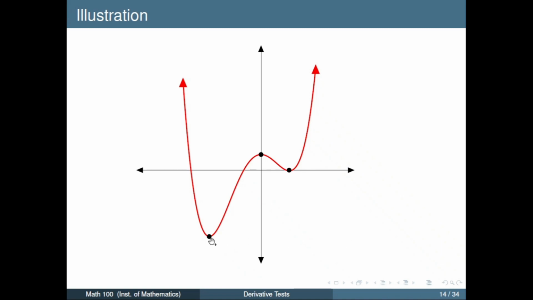Let's start with the first one. So using the definition earlier, we can say that f has a relative minimum at this point because this is the lowest value on this part. Okay? On this part naman, ang f natin has a relative maximum at this point because this is the highest value on this part.